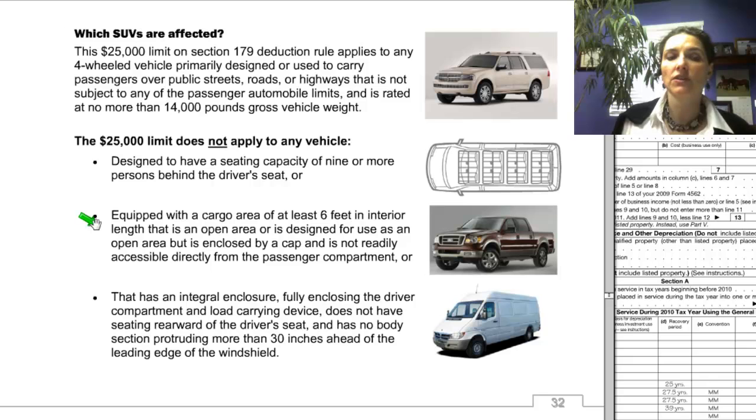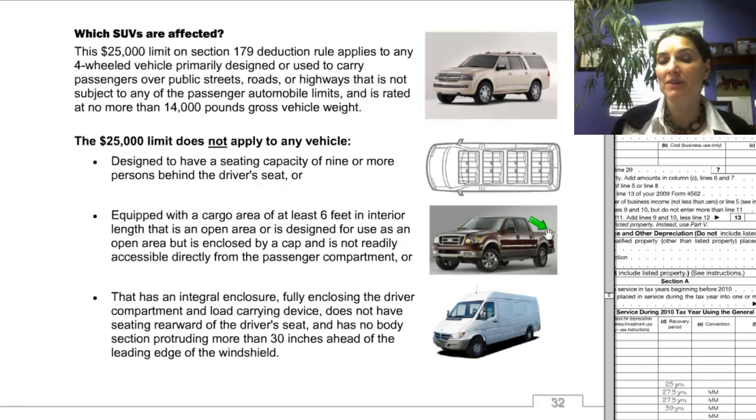Also, vehicles that are equipped with a cargo area of at least 6 feet in interior length that is an open area or is designed for use as an open area but is enclosed by a cap and not readily accessible directly from the passenger compartment. Well, what they're referring to is we have the driver compartment and we have an area behind the compartment that is not readily accessible from the compartment, and that area can store cargo or carry cargo, and it is at least 6 feet in interior length.